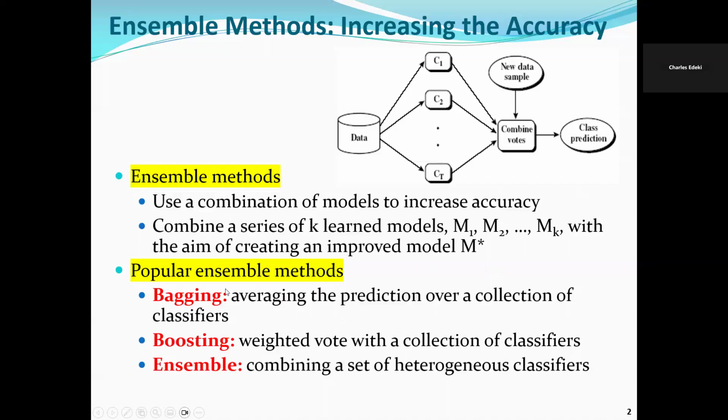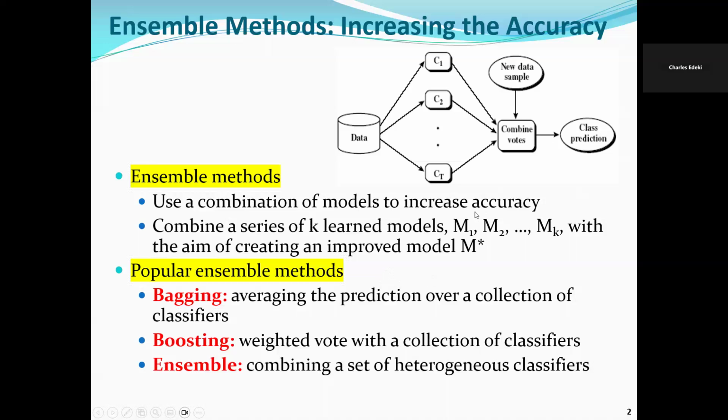Now, as we said earlier, we use a combination of models to increase accuracy. Also, many articles, and I think the textbook also mentions, that the concept is very good if we have a high variance problem.